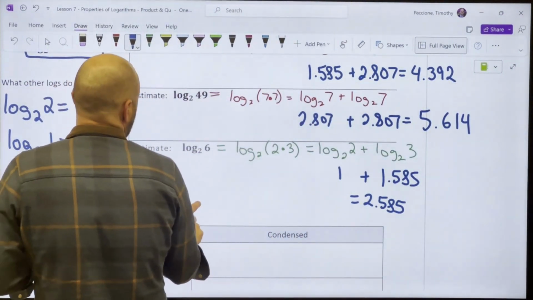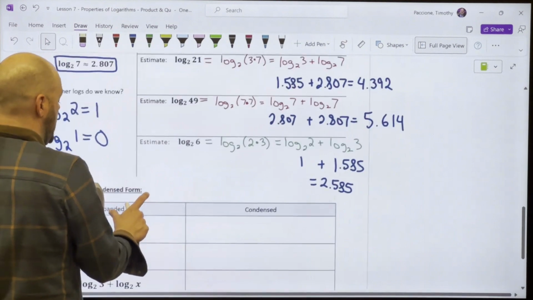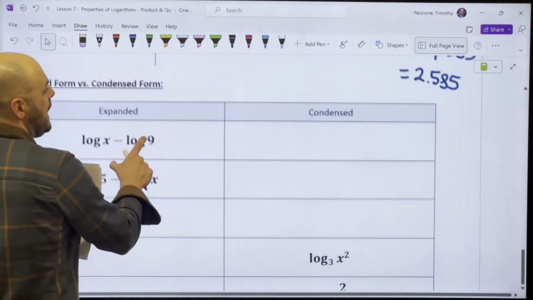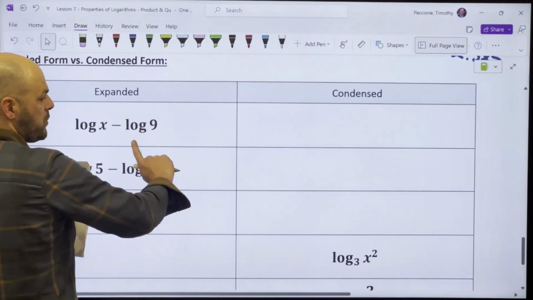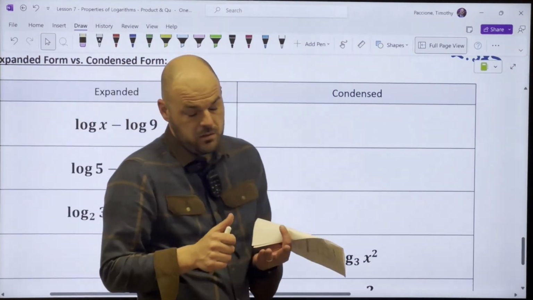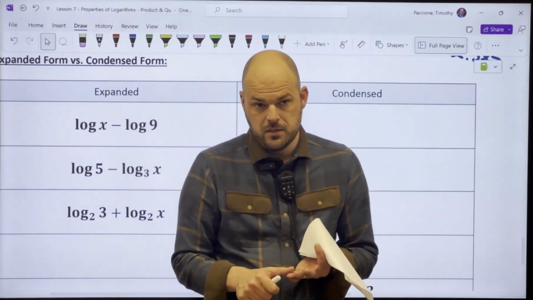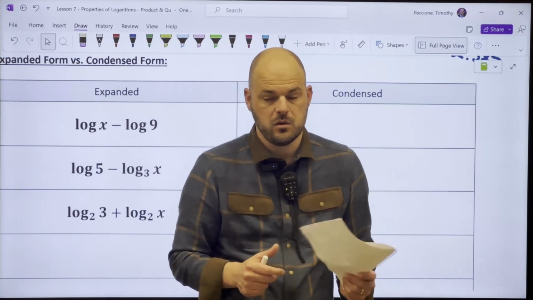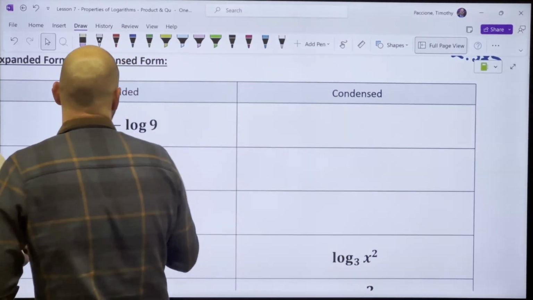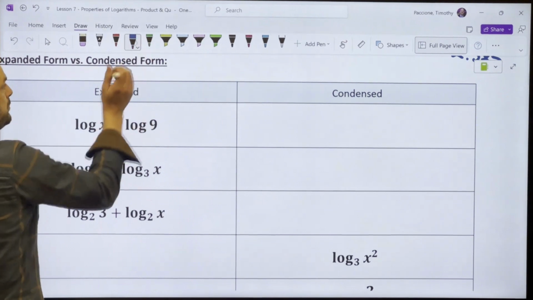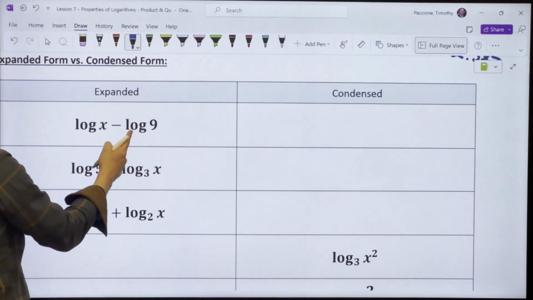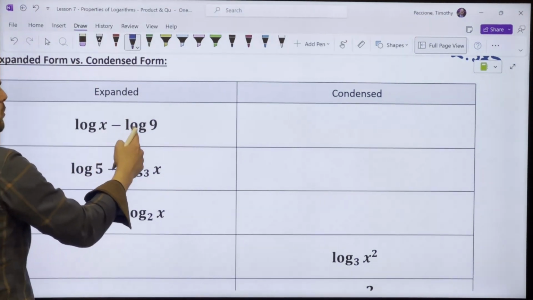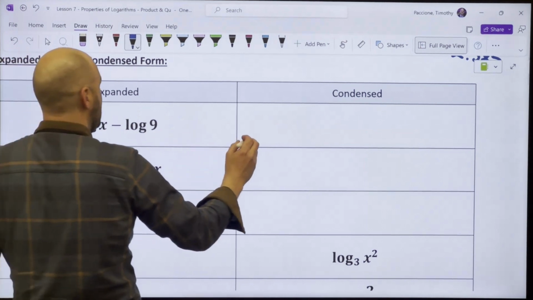Okay. Last piece. This is your practice before I hand out your homework. Now, you need to be able to go back and forth with all of these. So you got to ask yourself, subtracting on the outside, adding on the outside, multiplying on the inside, dividing on the inside, and again, go the other way. For example, what is happening here? Subtracting outside the log, right? So we're going to divide inside.